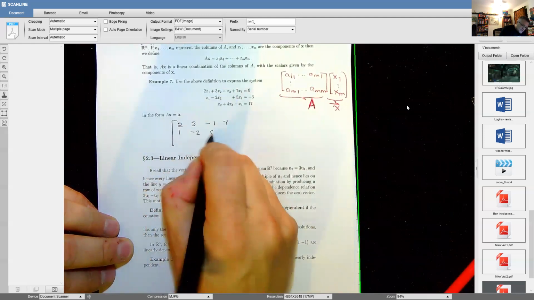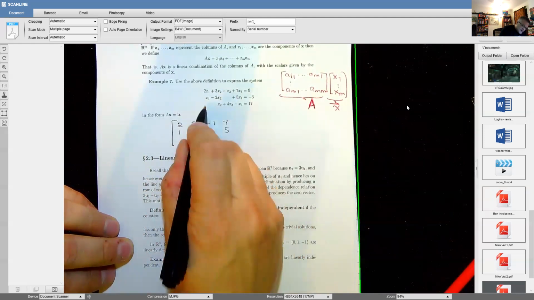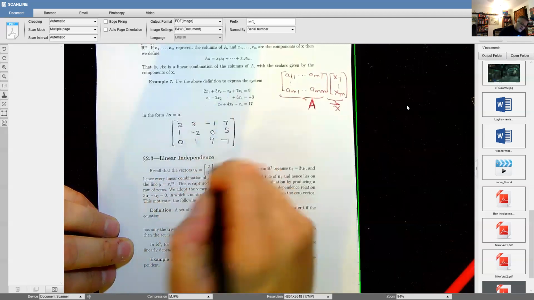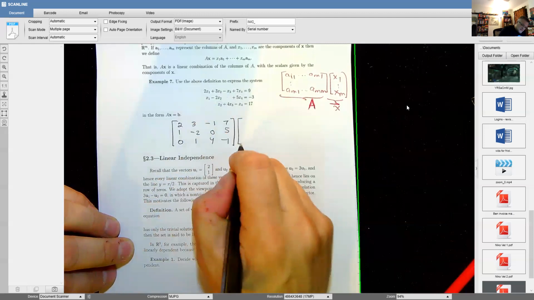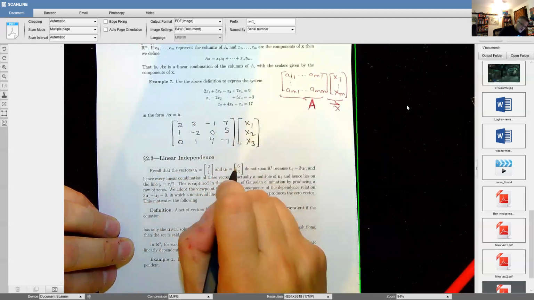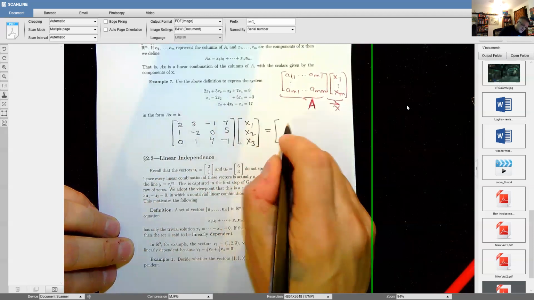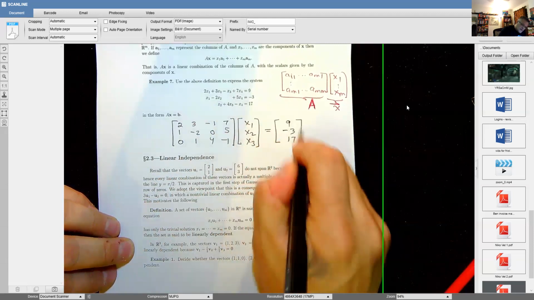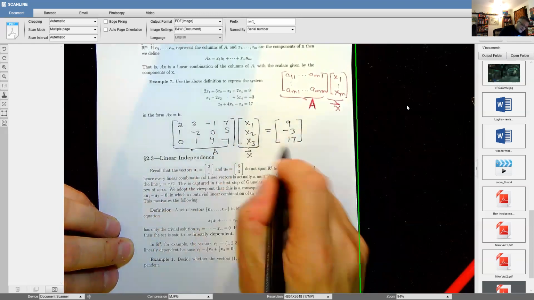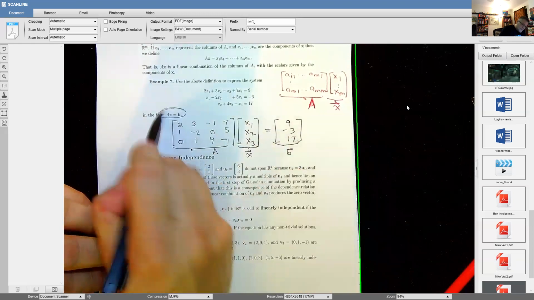There's no x3 here, so I put a 0. There's no x1 here, so I put a 0. 1, 4, -1. That's my matrix A. My vector X is x1 through x3, and now that's equal to the right side. So this is my A, this is my vector X, and this is my vector B.